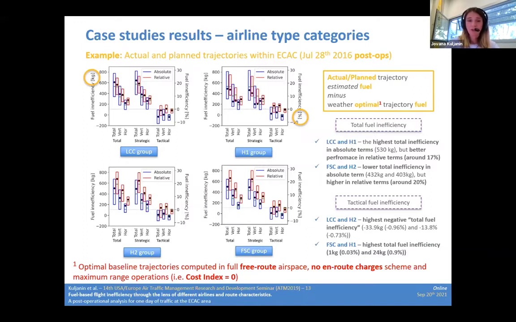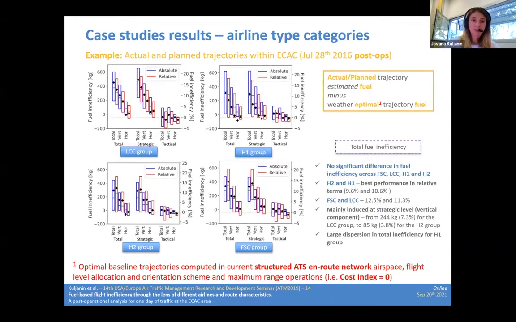If we want to do some interpretation of these results, we can tell that, for example, the carriers from full service groups, they operate extensive hub and spoke network, which mainly connecting secondary airports with hub airports, and which leaves less opportunity for tactical interventions.